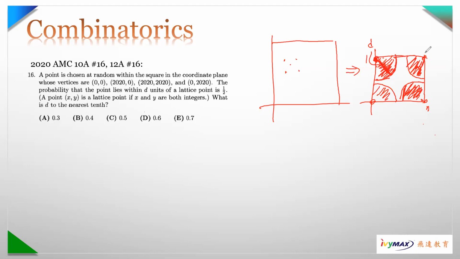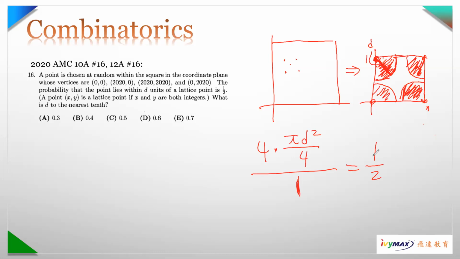The area of the shaded part over the total square should be 1/2. So this is actually what the question asked about. The four quarter circles give pi d squared, so the area of the shaded part divided by the total area, which is 1, should be 1/2.